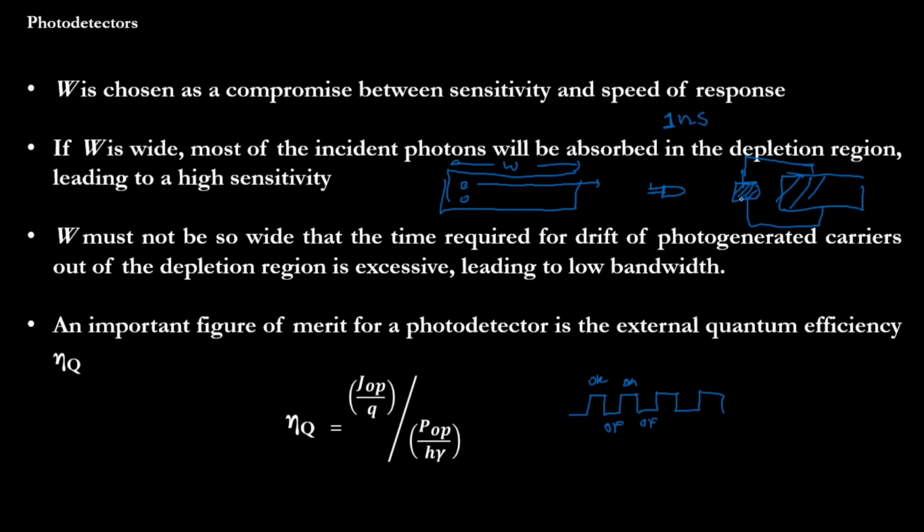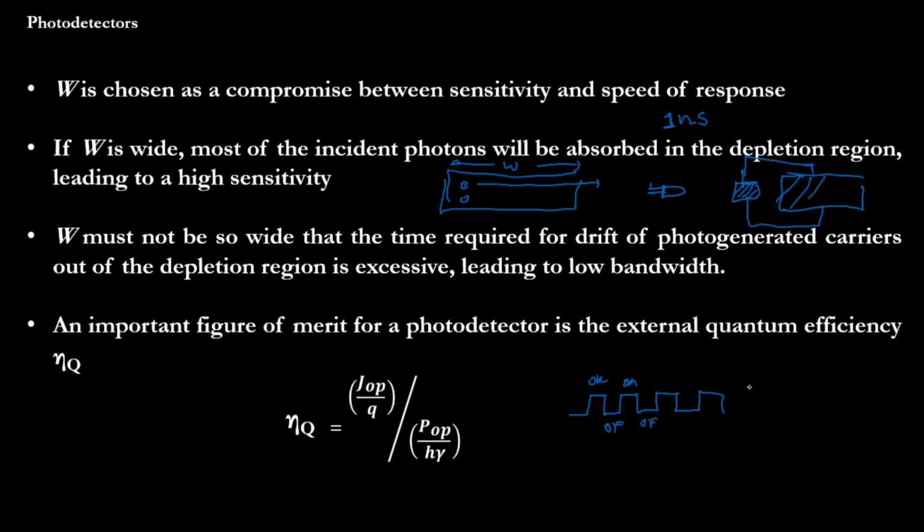What is the design constraint of this device? It should detect every pulse, right? The electron hole pair generation and the transportation of the electron hole pair that leads to external current is supposed to happen within half of a nanosecond. Are you getting me? Because every 1 nanosecond one pulse is coming to my device, and the response time of my device is supposed to be half of a nanosecond.